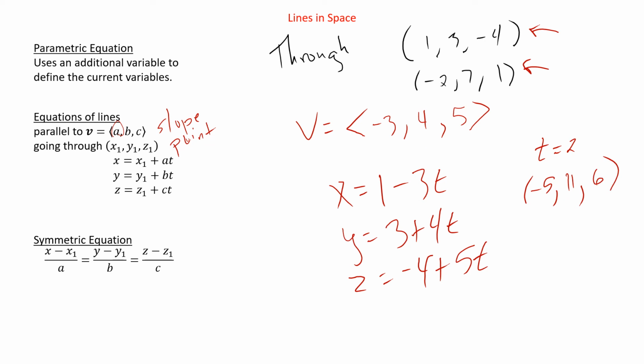So we could plug in t equals 2, we could plug in t equals negative 1, we could plug in any value we want for t, including decimals and fractions. And so we get those. That's how you deal with lines. Again, it's this set of parametric equations, which uses this extra variable to define each of our three variables. Oh, a, b, and c can't equal 0 for obvious reasons here.